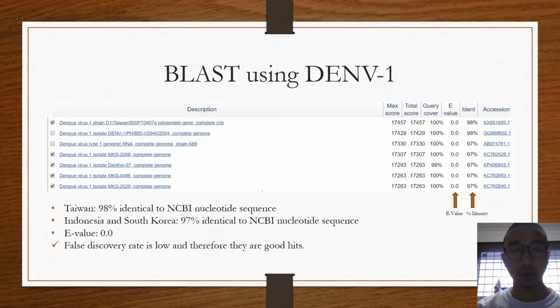Same goes for Indonesia and South Korea, whose strains are 97% identical to the NCBI nucleotide sequence of DENV1. All 3 results show an E-value of 0, so the false discovery rate is low, actually non-existent. Therefore, they are good hits and we can trust these results.